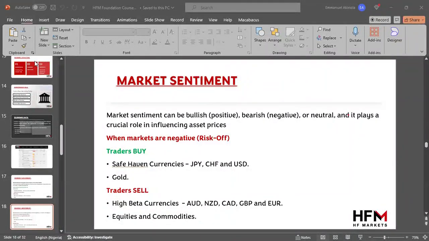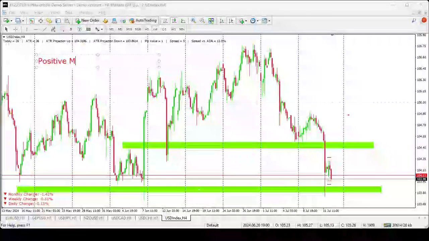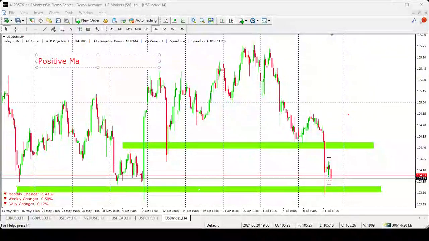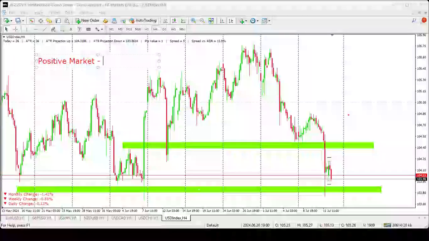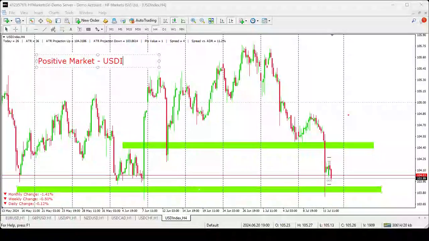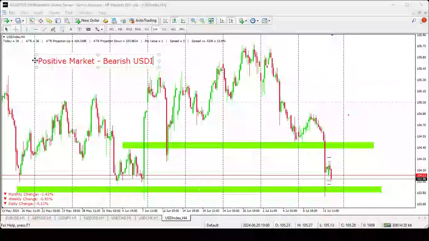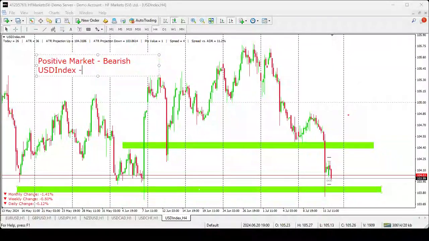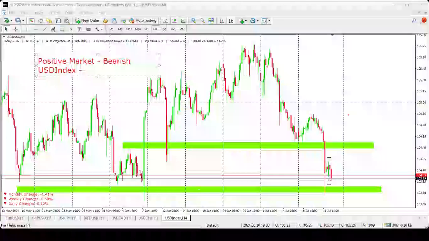When we have a positive market, we expect the USD index to track lower. And we expect a weak USD.